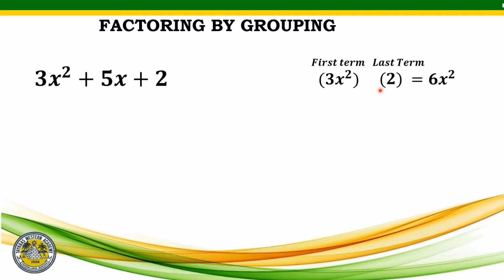Then, hanapin natin ang factor ng 6x squared na kapag pinag-add, the answer is 5x. Product ng 6x squared. Then, yung kanyang sum, ang pinag-add natin, dapat 5x.